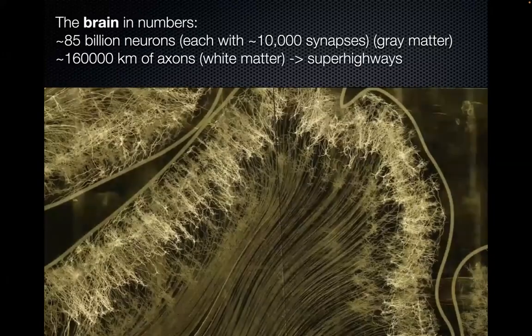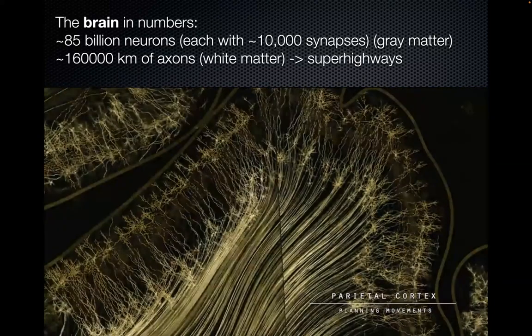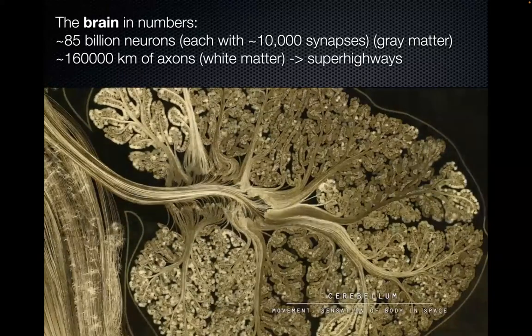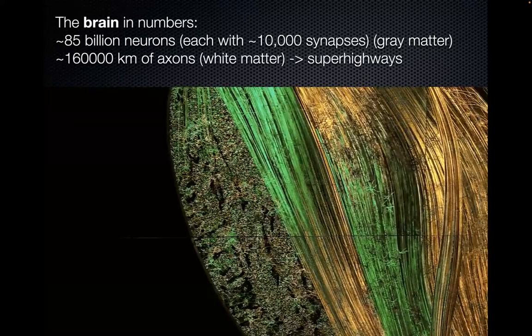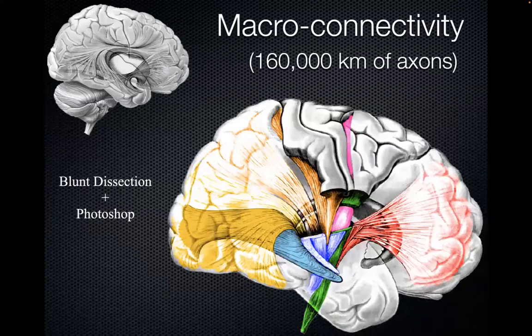And to reconstruct a whole brain connectivity matrix of all these axons and neurons will be a challenge for humanity for the next hundreds of years. So at my scale, at our scale, we're talking about macro connectivity.